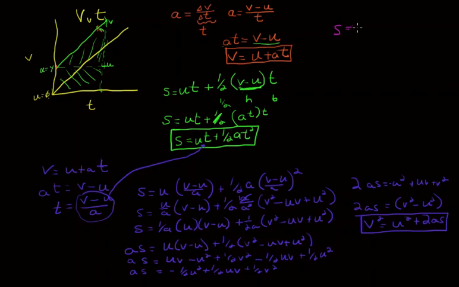So s equals, and this is not going to be nearly as bad as the one we just did, trust me, equals ut plus 1/2 v minus u over t, because that's what a is, times t squared. Now immediately we can get rid of the t squared because these two cancel out, right? So we have ut plus 1/2 v minus u times t.